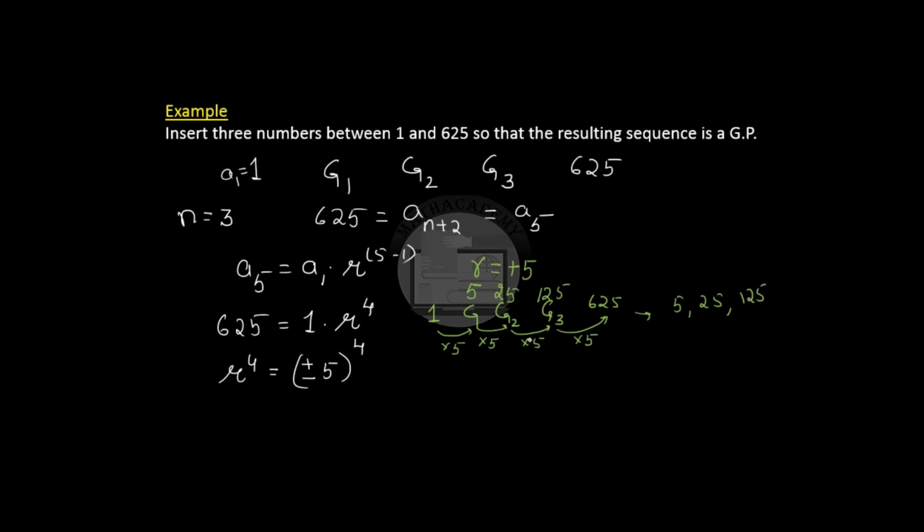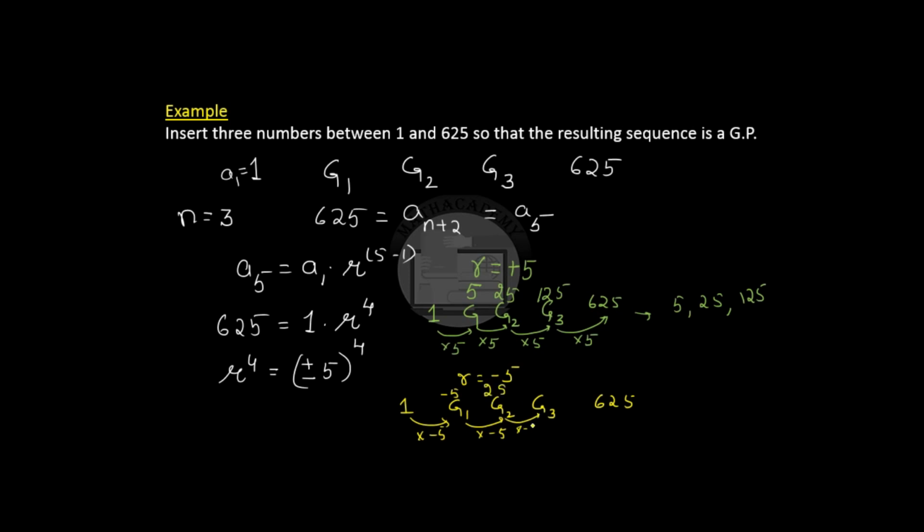Now let us take r as negative 5. So when r is negative 5, we have 1, G1, G2, G3 and 625. So 1 times negative 5 gives negative 5. Negative 5 times negative 5 gives positive 25.